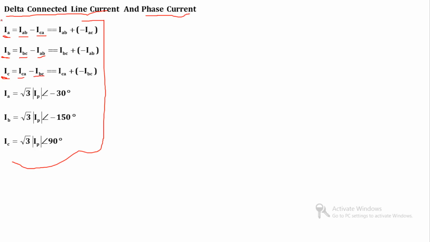Now the same way I can write IA is equal to IAB minus ICA, but again I will rewrite this equation as IAB plus minus ICA, IB equal to IBC minus IAB, again I can rewrite as IBC plus minus IAB, and IC is equal to ICA minus IBC, and that is equal to ICA plus minus IBC.